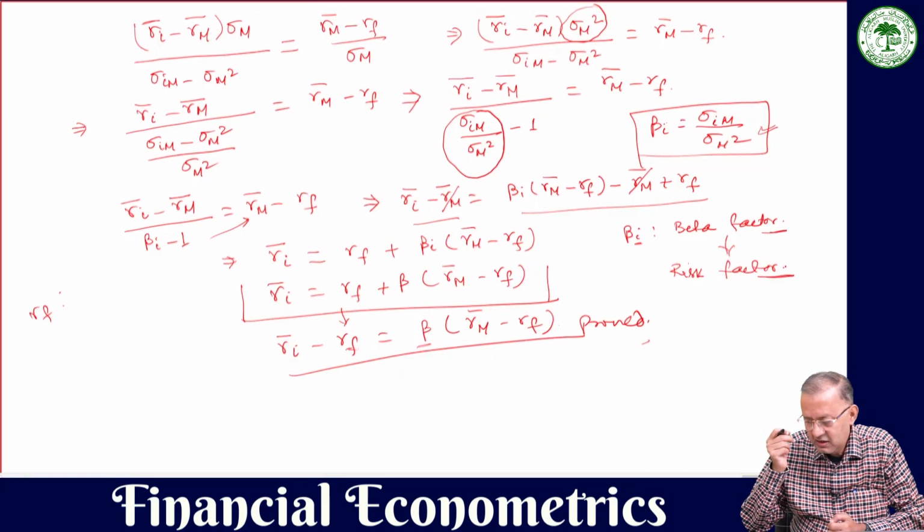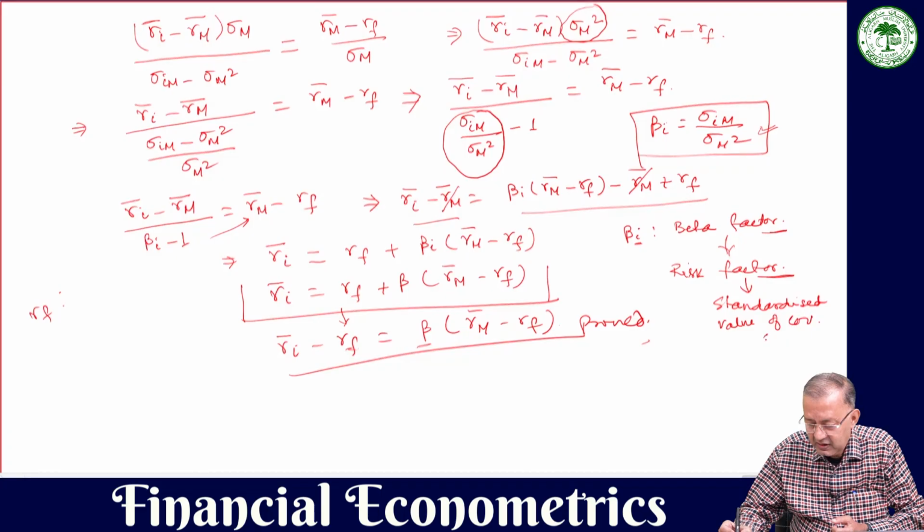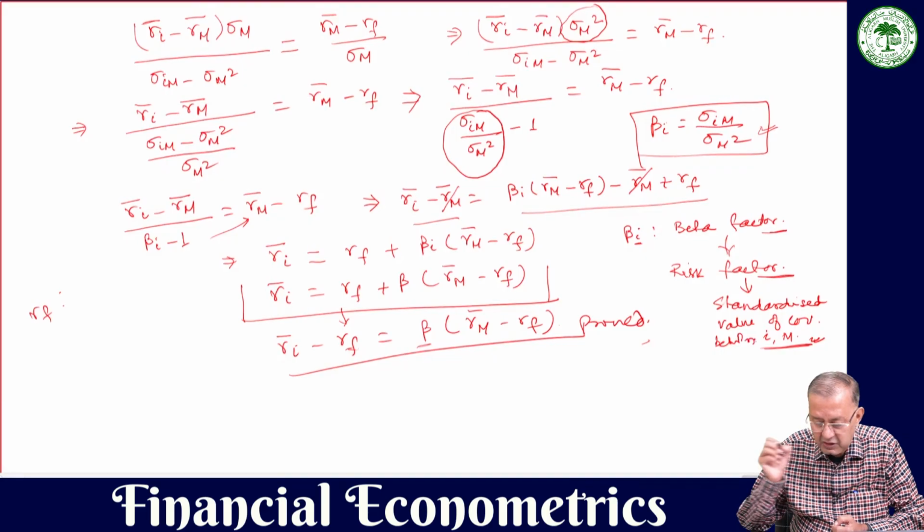And if you look into this, this is the standardized value of the covariance, standardized because it is being divided by the variance, the covariance between the ith asset and the market asset.